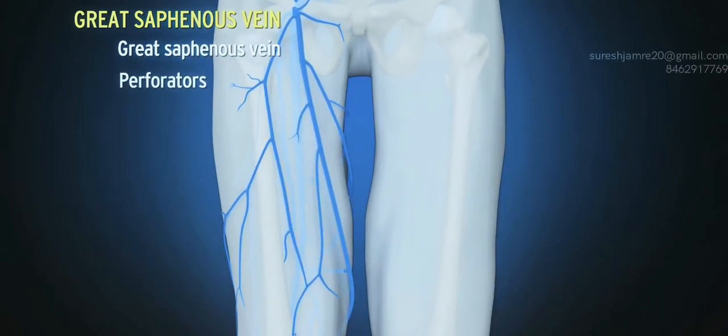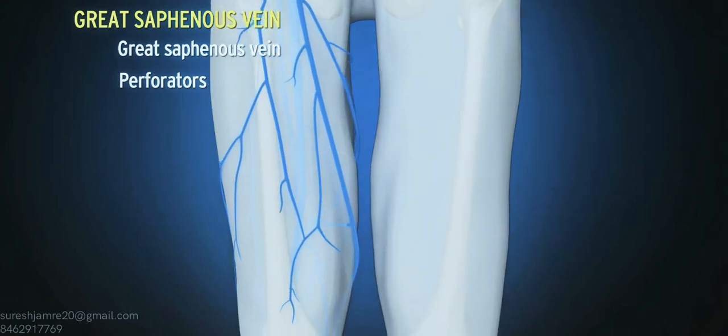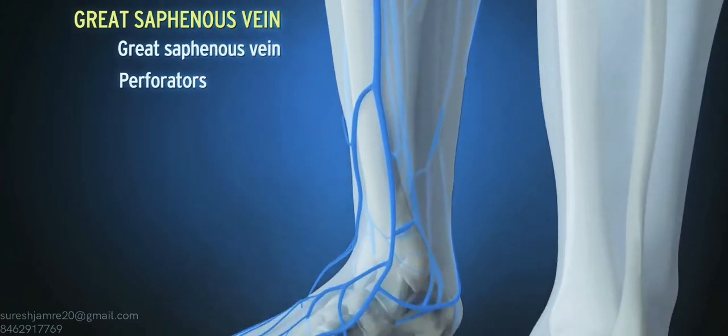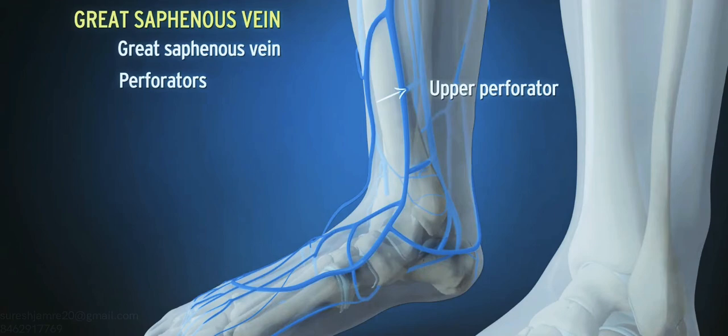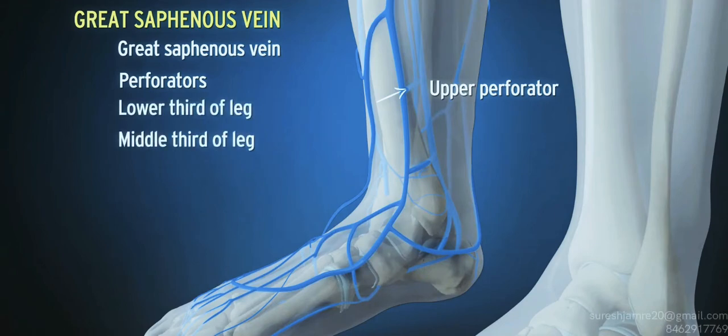Perforators. Great saphenous vein is connected to deep veins through perforator veins. There are 3 medial perforators near the ankle. Upper perforator lies at the junction of middle and lower third of leg.